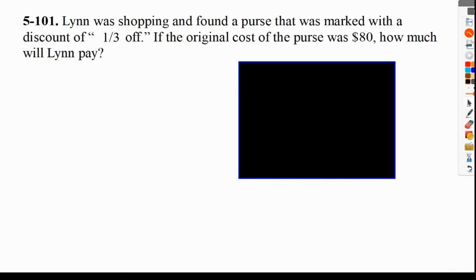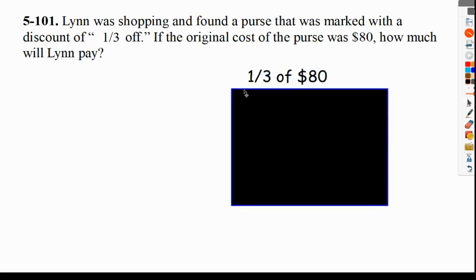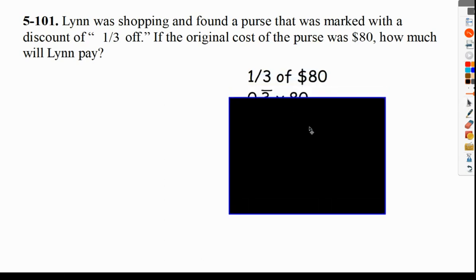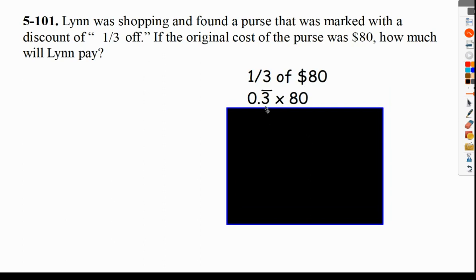Here we've got her shopping, and she sees that the purse that she wants is marked with a discount of 1/3 off. So we would start by figuring out what is 1/3 of $80. You could change 1/3 to the decimal, 0.3 repeating, or you could take 80 divided by 3, because we know that taking 1/3 of something is the same as dividing by 3, just like taking 1/2 of something is the same as dividing by 2.